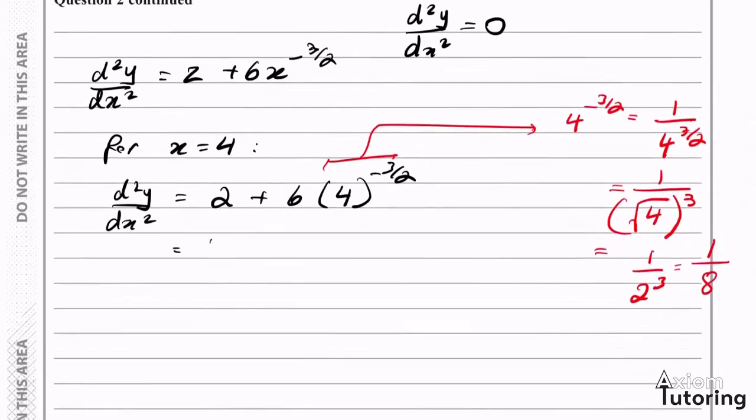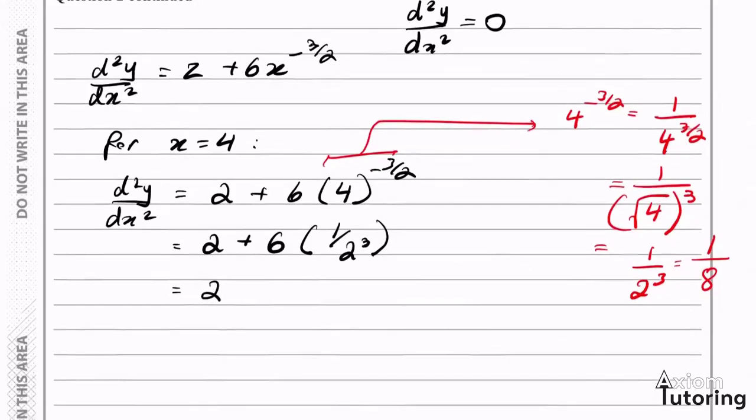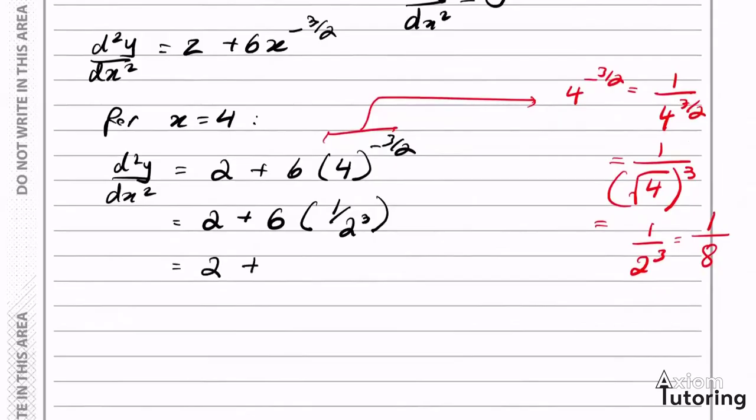Okay, so that's equal to 2 plus 6, 1 over 2 cubed. We can already see that this is going to be greater than 0, so we can just work it out anyway. 6 times 1 over 8, which is 2 plus 6 over 8, which we can simplify to 3 over 4.